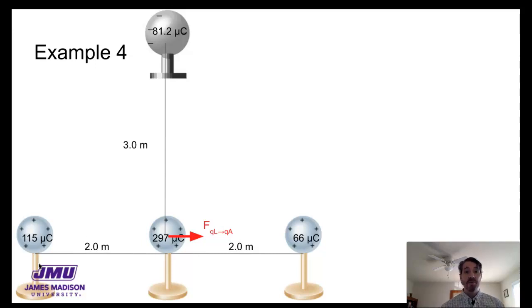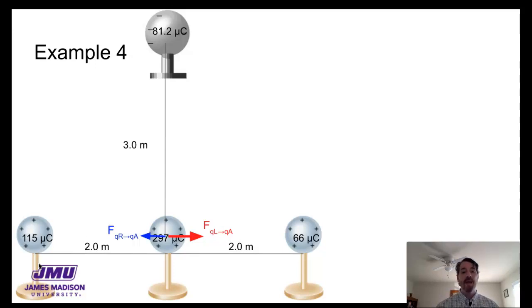So it will feel a force from the charge on the left acting on sphere A. It will also feel a push to the left due to the charge on its right repelling it. So that red vector that I've drawn is due to the 115 microcoulombs pushing it to the right. And then the blue vector I've drawn, which I've drawn a slightly smaller amount because it's less charge pushing it, that's the force from the charge on its right pushing it away, so pushing it to the left.